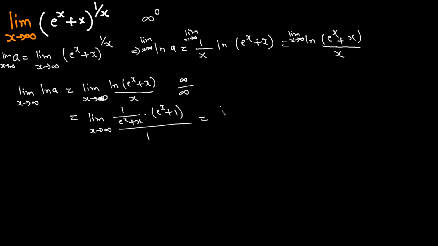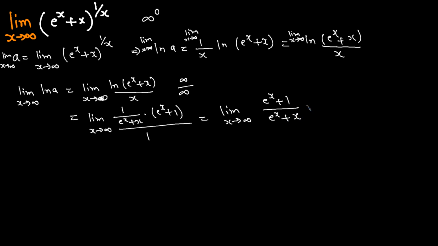So that is basically the limit as x approaches infinity of (e raised to power x plus 1) over (e raised to power x plus x). And if you plug in infinity again, this gives me infinity over infinity form.